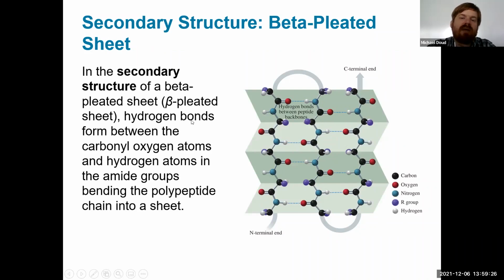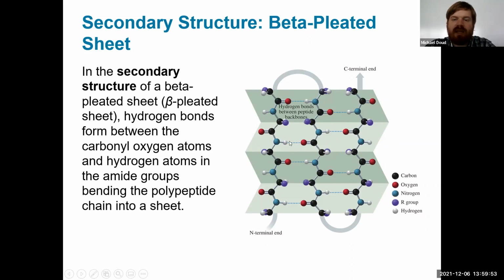This beta pleated sheet occurs when hydrogen bonds again occur between the peptide backbones, where the hydrogen on one of the amides of one of the peptides forms a hydrogen bond to the oxygen from the carbonyl of the next one over. Now these strands can be any number of distance away.